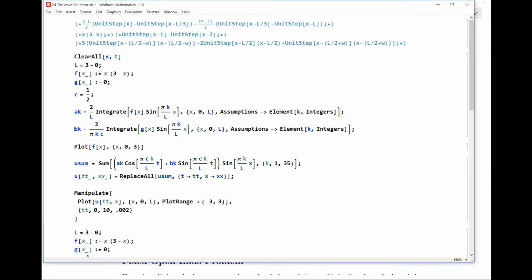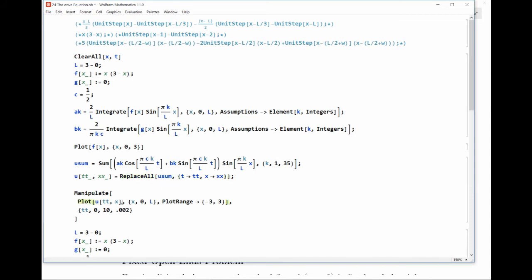Each coefficient b_k is computed as a sine series expansion for g of x, except that the coefficient in front is, instead of t over L, it's t over pi k c. The enumeration is going with respect to k, which is just a change of the name, so it's really not that big of a deal. Then I add up my series and I create a function that is just this series.